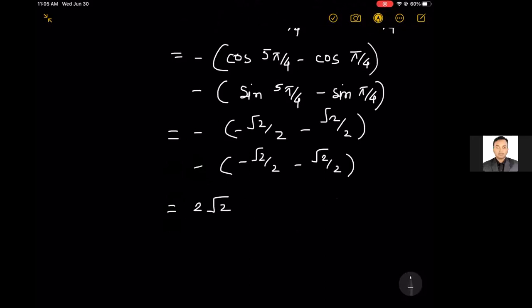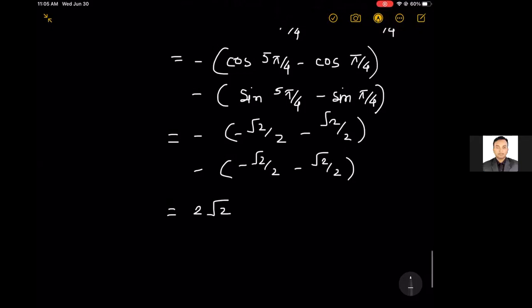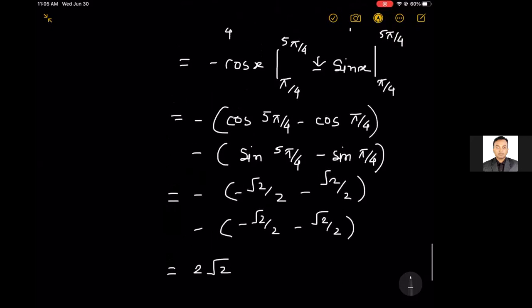Is this what you have got as well? Yes. Can someone from each group confirm that this is the exact solution you also have? If you don't have this one, I assume you have done it wrong somewhere, maybe in the calculation, I mean the trigonometric value, maybe in the algebra, it could be in the antiderivative part as well, but it has to be 2 square root of 2.